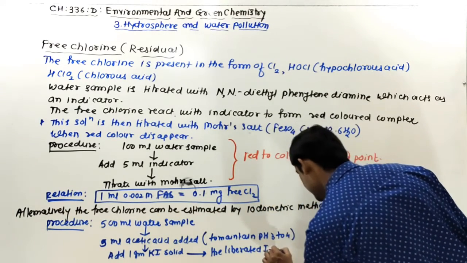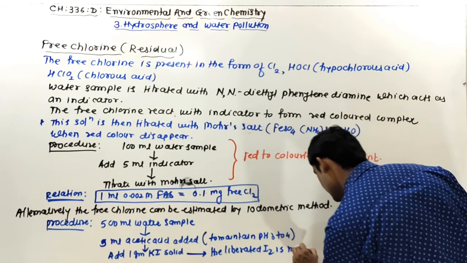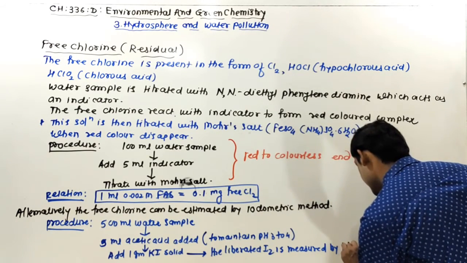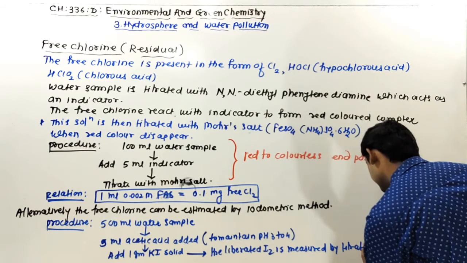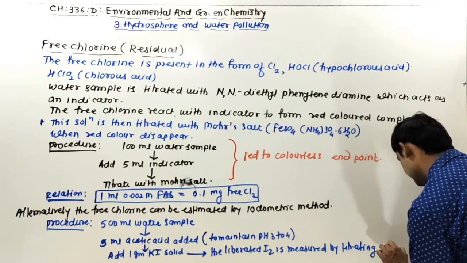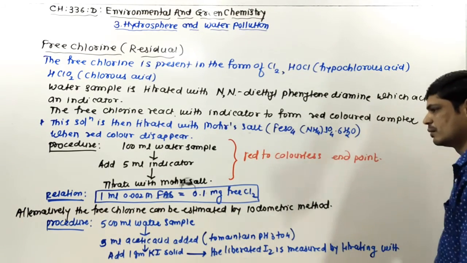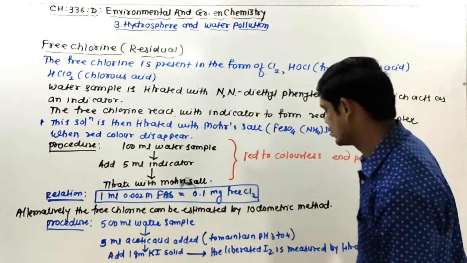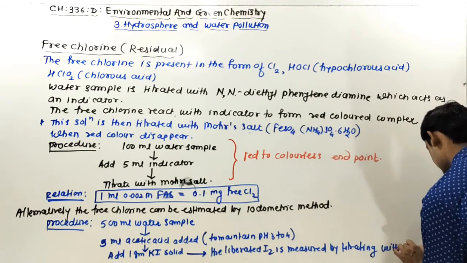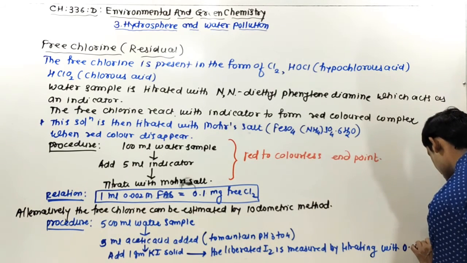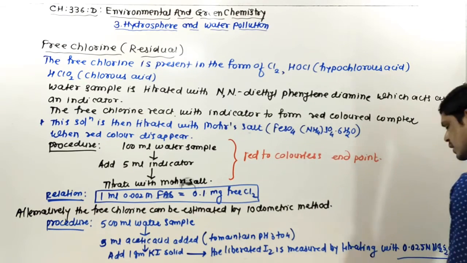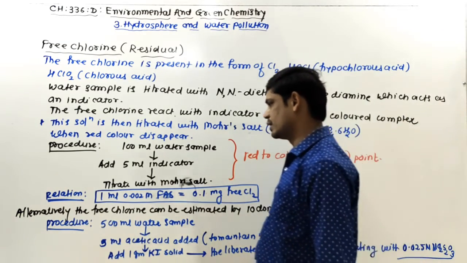The liberated iodine is measured by titrating with, for that purpose, we should use 0.025 normal Na2S2O3.